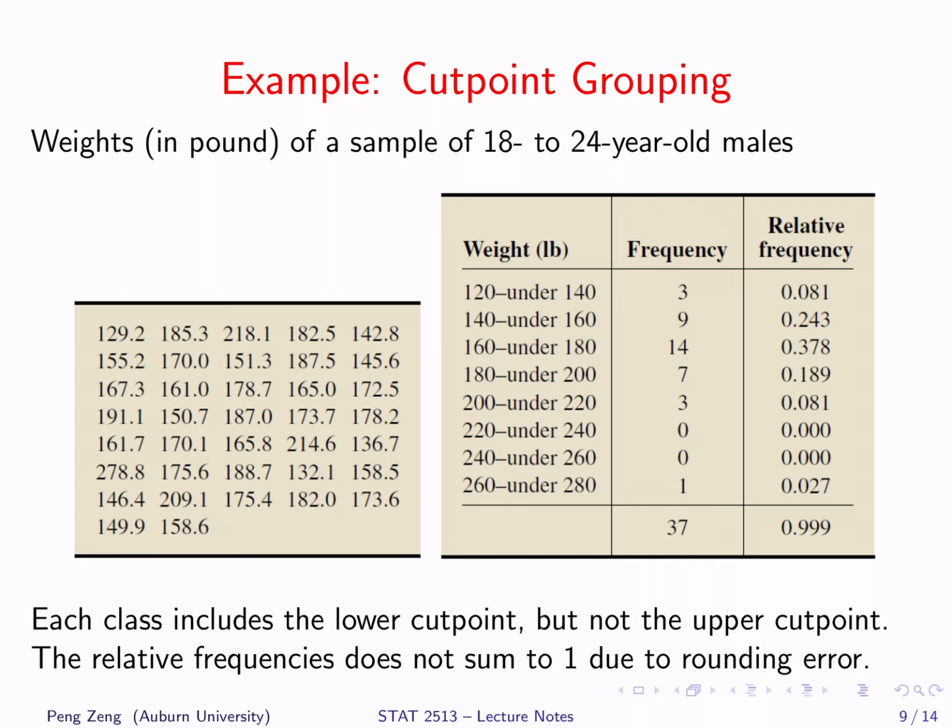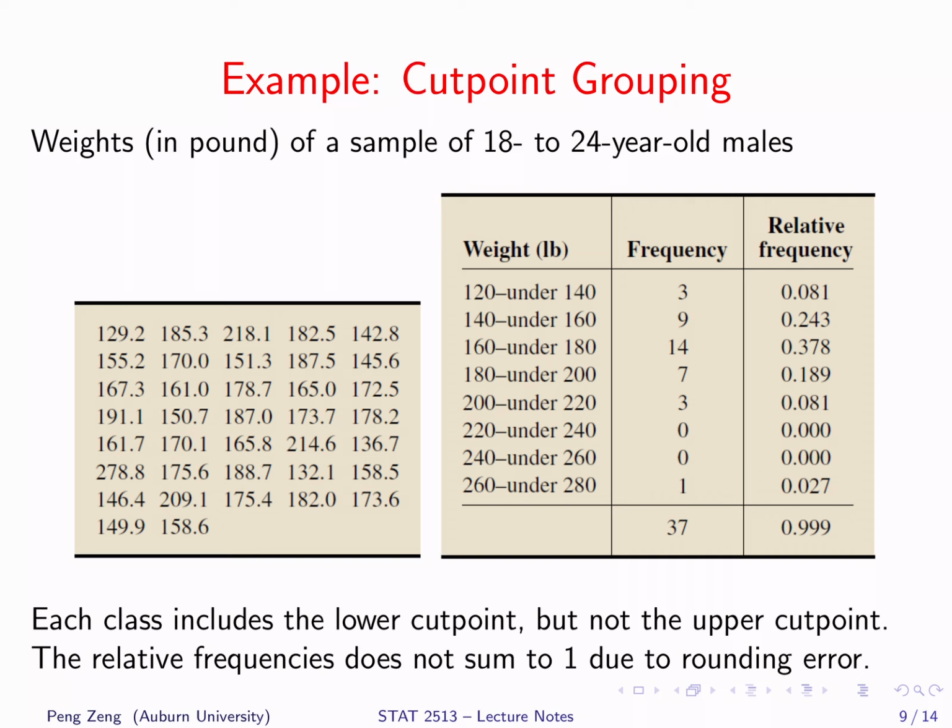This is another example. These are the weights in pounds of a sample of young men. This is an example for cut point grouping. All numbers are decimals. We need to first decide how many groups we need and then decide where the cut points will be. The smallest number is 129.2 and the largest number is 278.8.